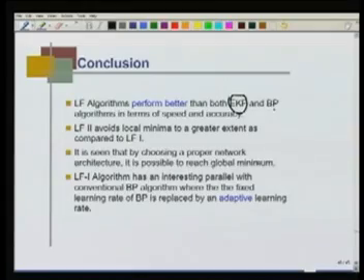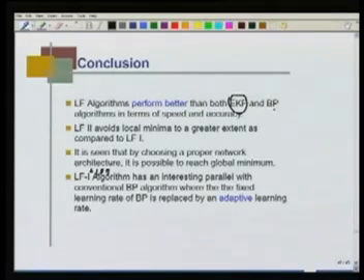Both LF1 and LF2 have an interesting parallel with the conventional BP algorithm, where the fixed learning rate of BP is replaced by an adaptive learning rate.